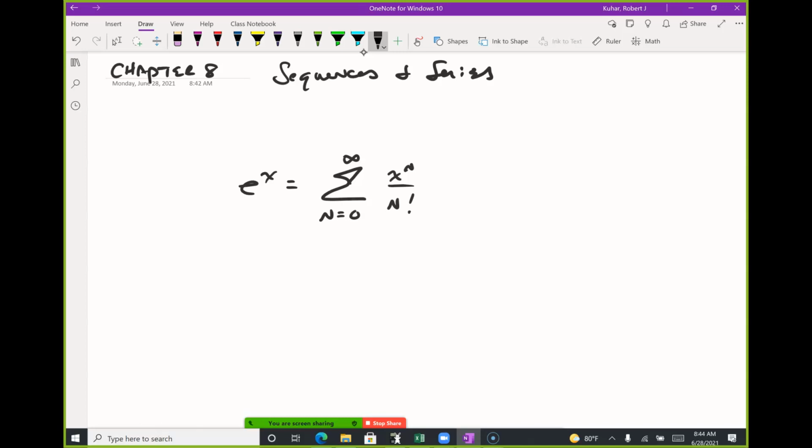What's telling you I'm starting at 0? N equals 0 at the bottom of the sigma? Exactly. So I can see that I'm starting at x to the 0 over 0 factorial. And then plus, and what's telling me the plus?